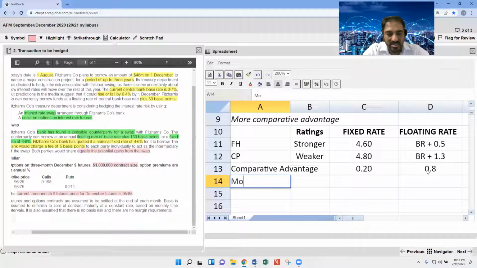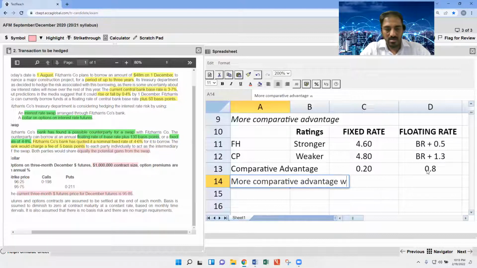So we must say more comparative advantage with floating rate. This is important.